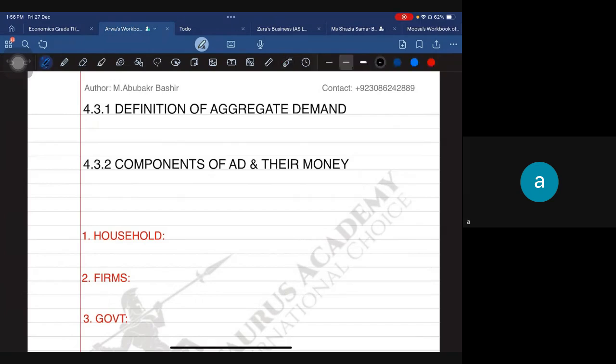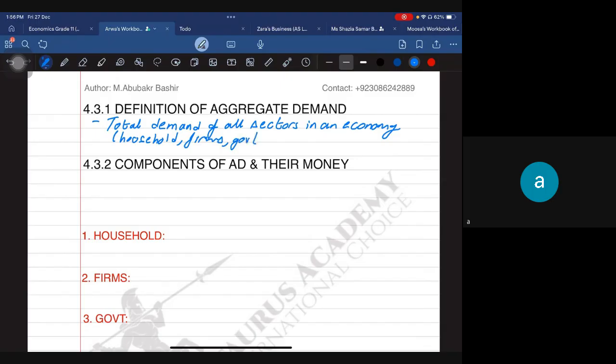So this is the total demand of all sectors in an economy, like the household, the firms, the government, and the foreign sector. Right.